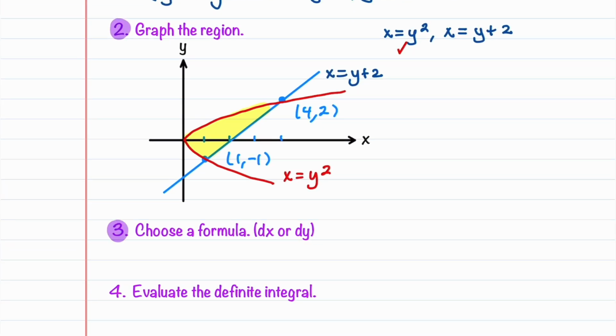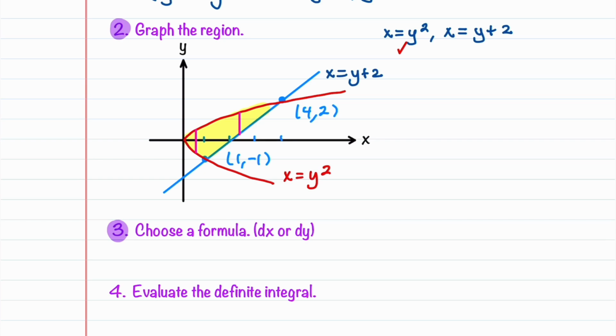Our third step is to choose a formula for integration, and we need to decide if we want to integrate with respect to x or with respect to y. If we integrate with respect to x, we're going to have one curve on the top and one curve on the bottom. If we draw some horizontal lines here, you can see if we look at the first horizontal line that there is the same curve on the top and on the bottom.